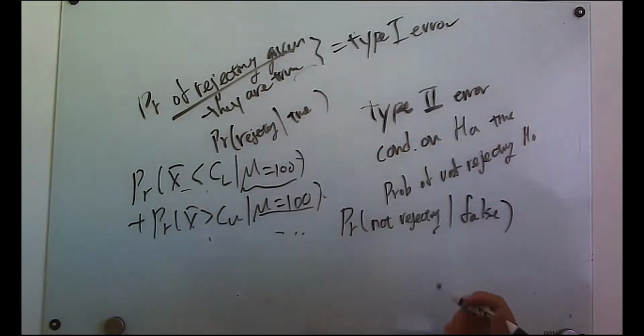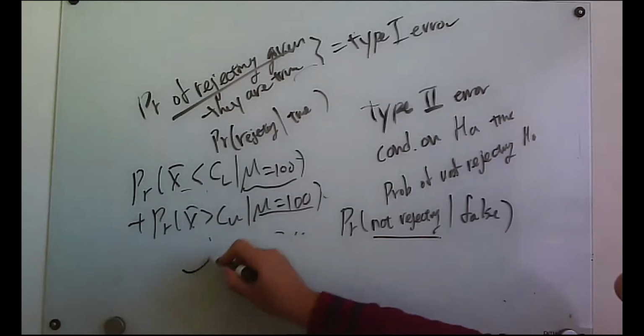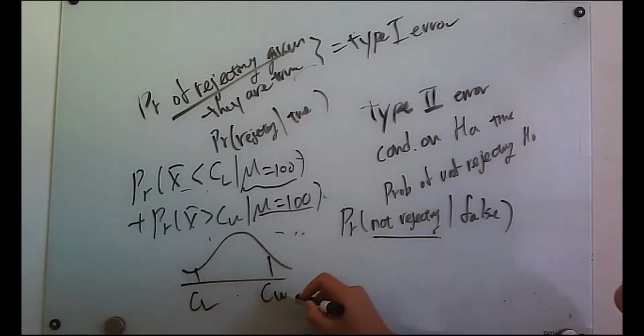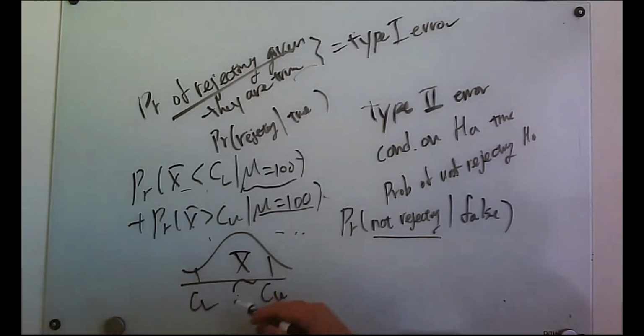Mathematically, what is non-rejecting? If this is the graph, this is CL and C upper. Based on our previous chapter, as long as this X bar is inside this range, you don't reject.